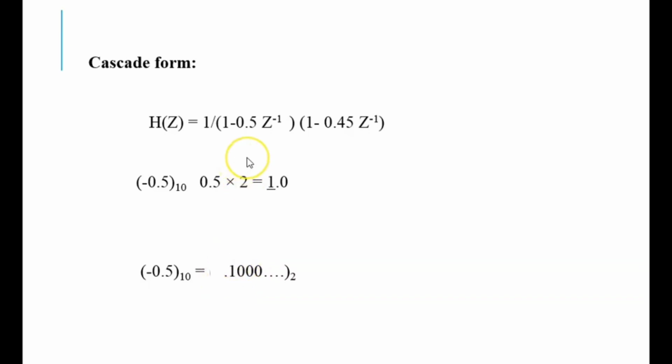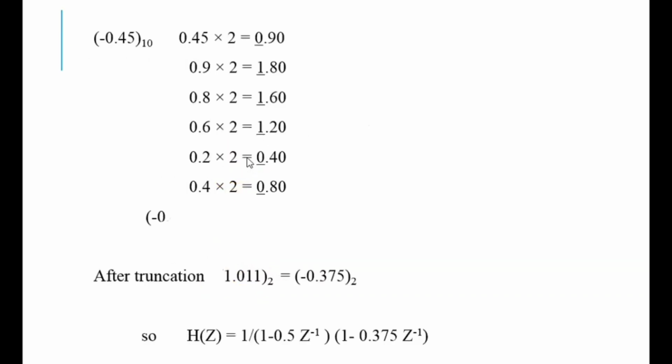Next, minus 0.45. You have to multiply 0.45 by 2, you will get 0.9. 0.9 multiplied by 2 gives 1.8. 0.8 times 2 gives 1.6. Next, 0.6 times 2 gives 1.2. Next, 0.2 times 2 gives 0.4. 0.4 times 2 gives 0.8. Since the step is repeating, you write it as 0.01110.